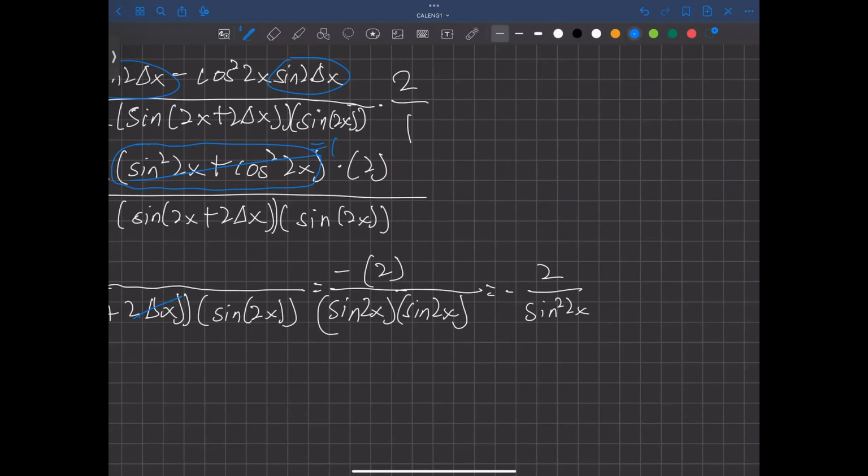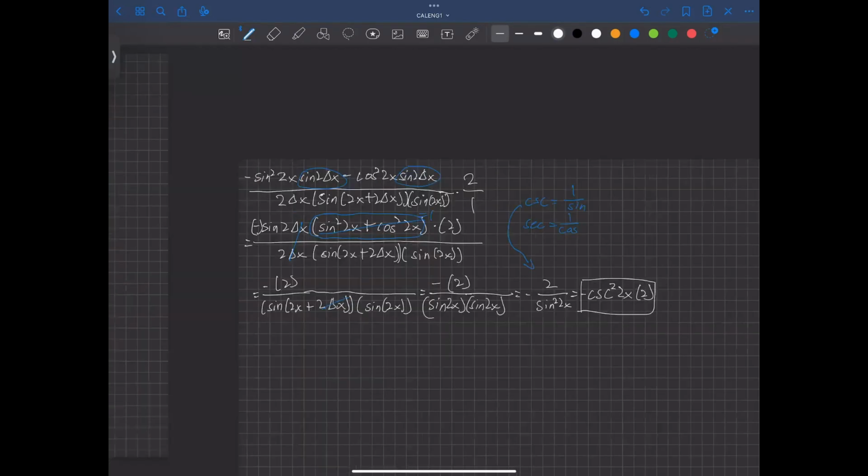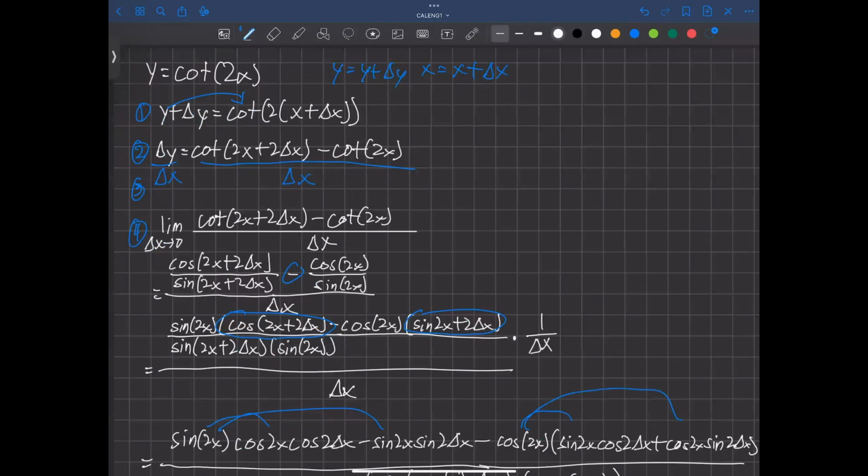This would be the final answer, but we can simplify this further using the reciprocal of sine, which as we know is cosecant, 1 over sine. We just have to substitute this, so that would finally give us the final answer as negative cosecant squared 2x multiplied by 2. And that is the derivative of y equals cotangent 2x.